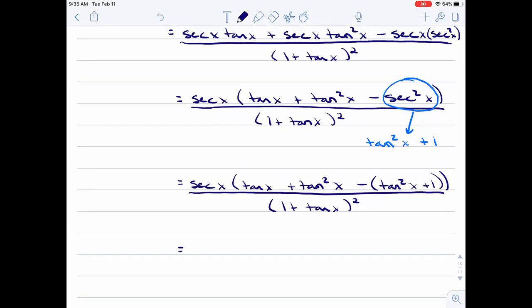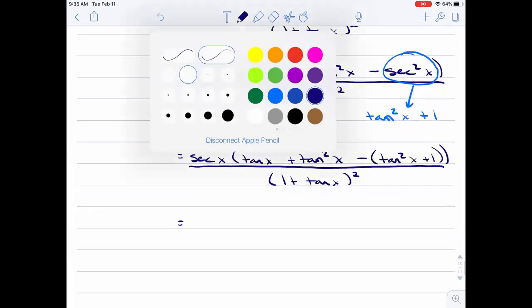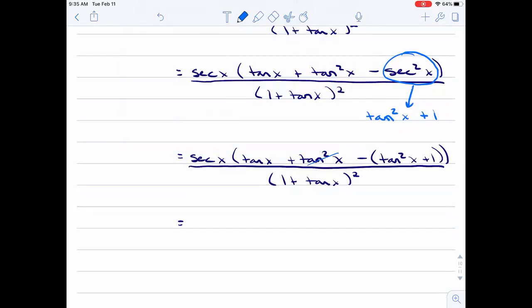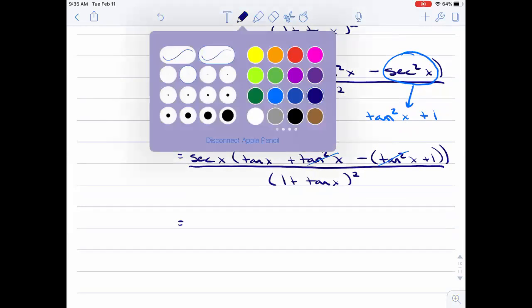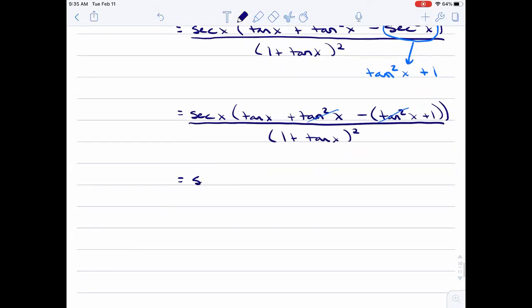That's probably another identity to have on the roster. But now what we see is this tan squared x minus tan squared x, once I bring that negative in there, those are going to go away. So now I'm left with secant x times tan x minus 1 over 1 plus tan x squared.